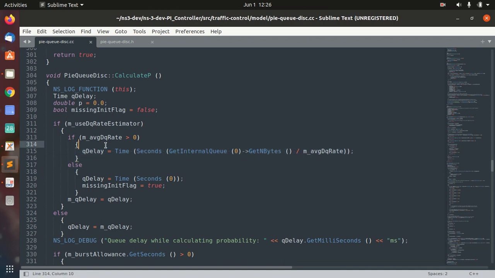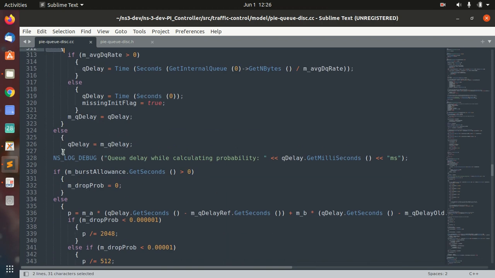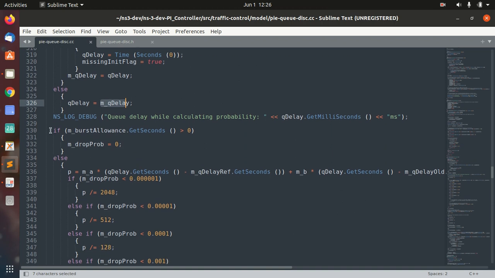If the average DQ rate is not greater than 0, then we simply set the current queue delay to 0. If this DQ rate estimator is not enabled, then simply take the current queue delay, which is stored in the member variable, m queue delay.